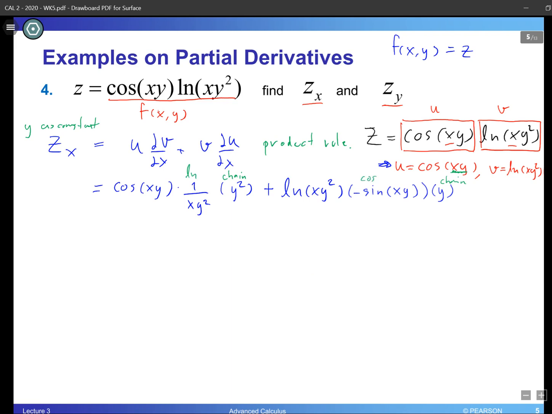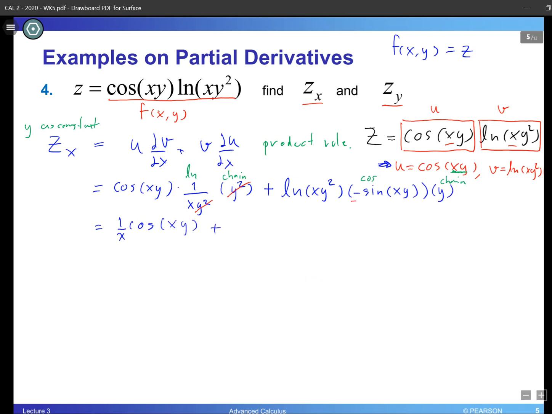Now this looks a little bit messy, so let's work out the numbers to make it cleaner. As you can see here, y squared right here can cancel with that, so in the end you have 1 over x times cosine of xy, plus, we have lots of terms here.